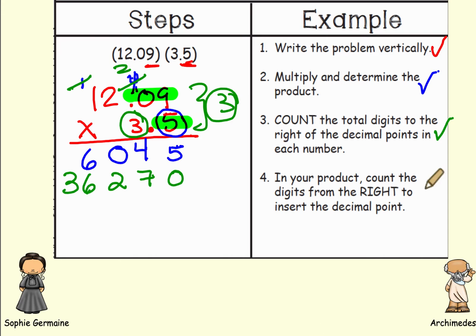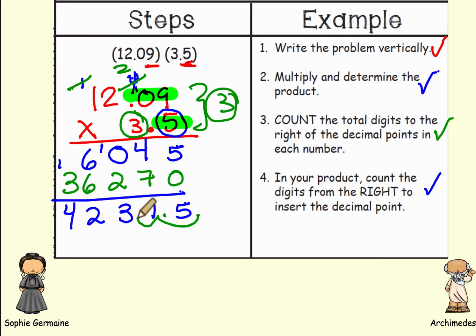So now I go to my product, after I've added, I start from the right and count 1, 2, 3, and that's where my decimal point goes. So my product is 42 and 315 thousandths.